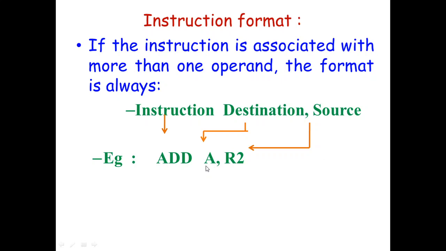All of you agree with this point? First one is operand, then source data, destination data. These two operands are taken into the ALU. This action is done inside that ALU, meaning addition is done in the arithmetic logic unit, and after that the result is held in the destination location. In this case it is A, meaning it is an accumulator.